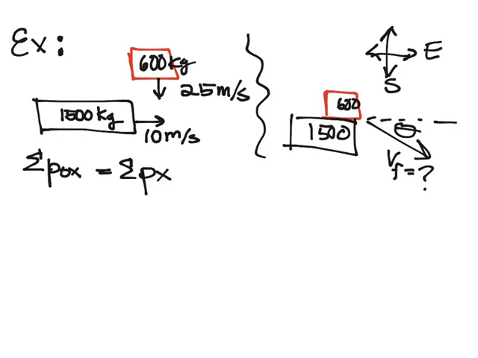And we also have sigma p naught y equals sigma py. So all the up and down momentum at the beginning equals all the up and down momentum at the end. Okay, so I'm going to give these guys names. I'm going to call this A and this B.